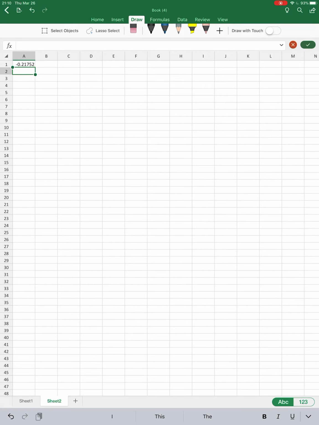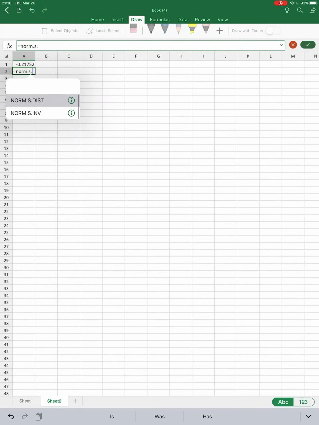that I entered. Now, if I do this again, just so you guys can see, norm.s.inv, which is short for inverse, because we're doing the inverse or the opposite of what we were doing before. And I did 0.4139, because that's what we have.